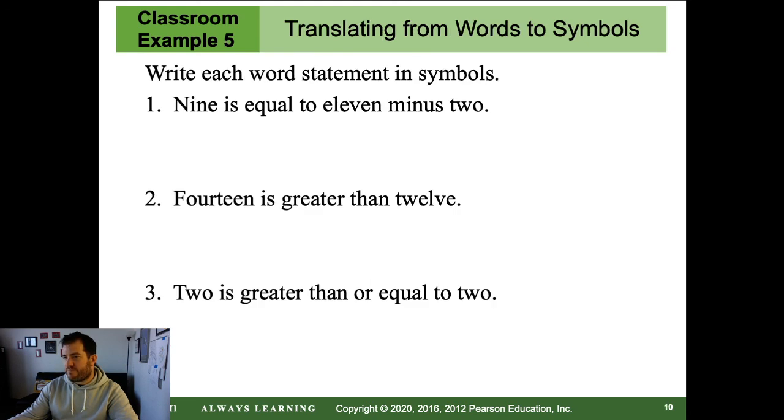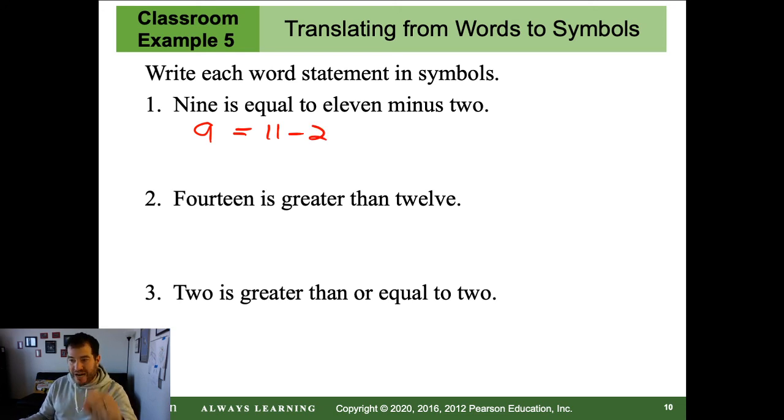But anyways, okay. Finally, this is the last thing we're going to do. Write each word statement in symbols. So we're going to start here. Like I said, this is lesson 1-1. We're going to work our way up. So 9 is equal to 11 minus 2. And that's all we're doing there. Okay, so nothing super crazy.